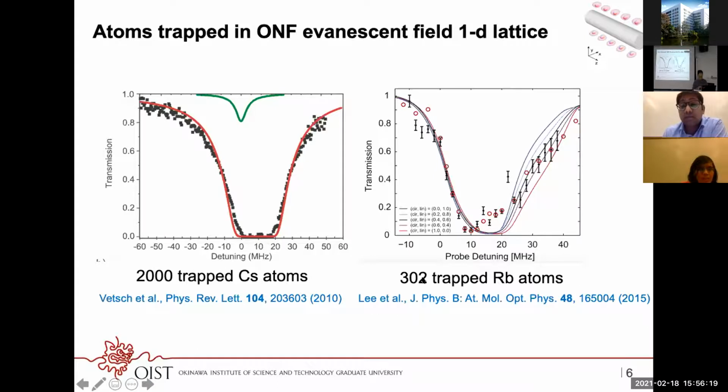The difference comes from the fact, as you can also see in the spectrum, that the spectrum looks very asymmetric compared to that of cesium. And this comes from a difference between cesium and rubidium: rubidium has very high vector polarizability. What it means is that different levels will shift differently depending on the polarization of the trapping potential.